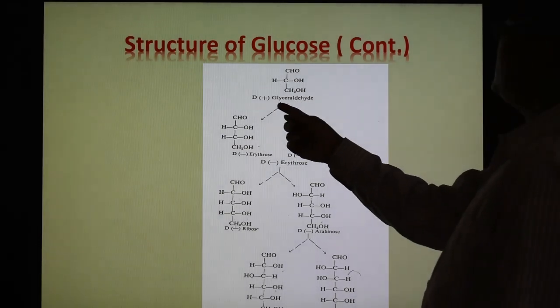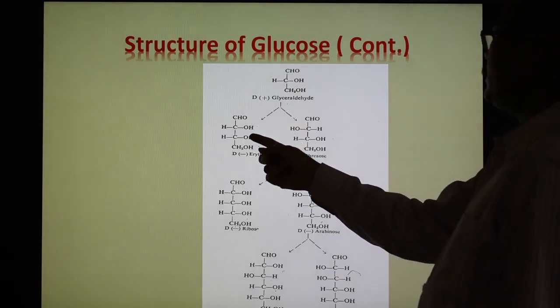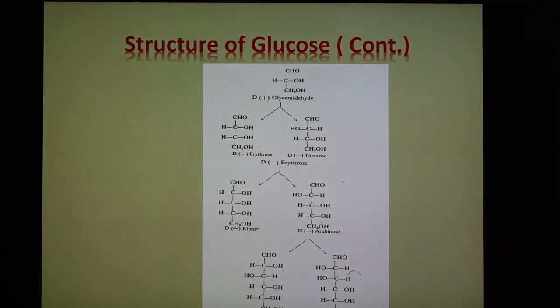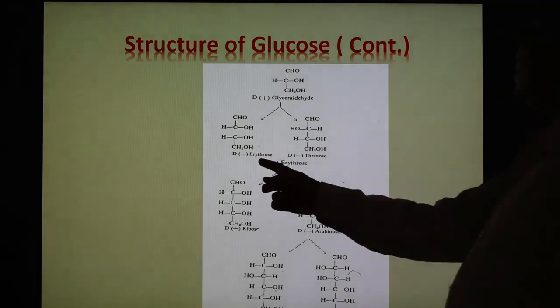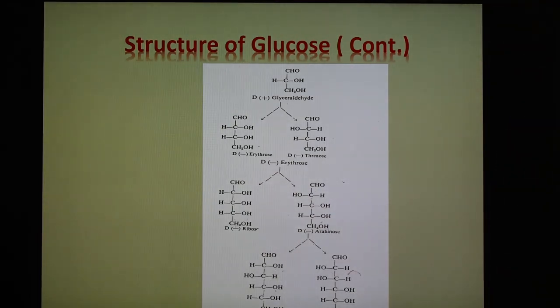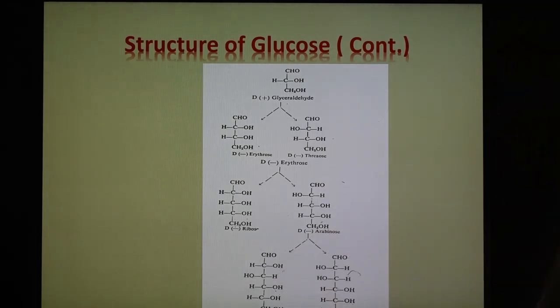So here this is D-glyceraldehyde. From this we get D-erythrose and D-threose, and this D-erythrose forms 2 types of compounds, D-ribose and D-arabinose. This D-arabinose forms 2 types of compounds, D-glucose and D-mannose.